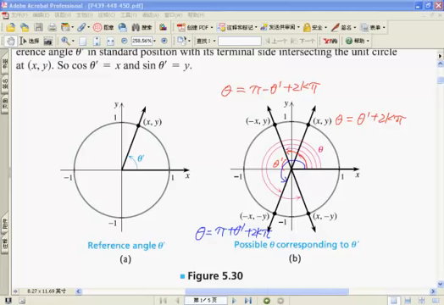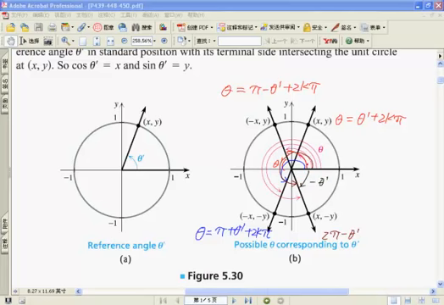Then the last case, the fourth case, is this guy. Let me use the brown. Here. Okay. So this angle is equal to 2 pi minus theta prime, because this one is equal to negative theta prime, right?